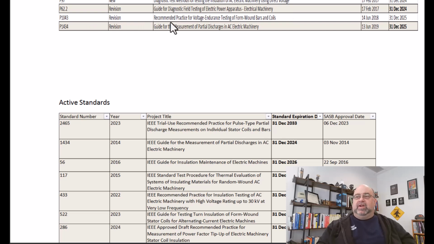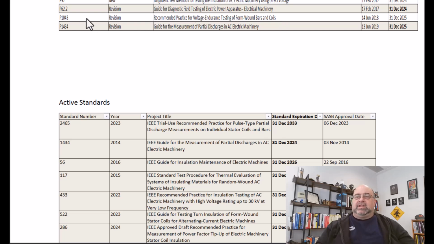IEEE 1043, recommended practice for voltage endurance testing of form wound bars and coils. Remember, this is not random wound, this is form wound. We're looking at bringing back, Nancy Frost actually recommended bringing back another one on doing random wound coils, which is really important because that'll cover electric vehicles and the like.